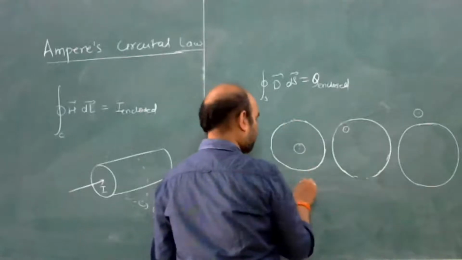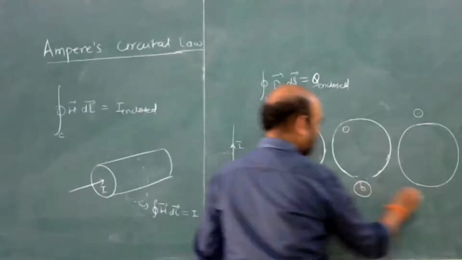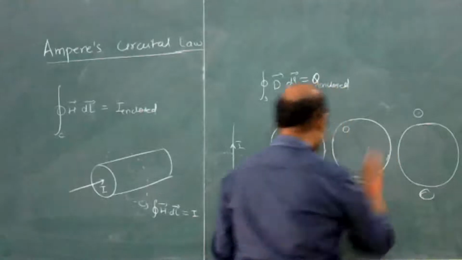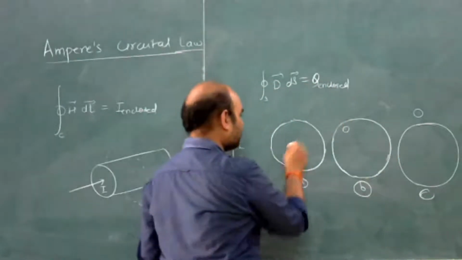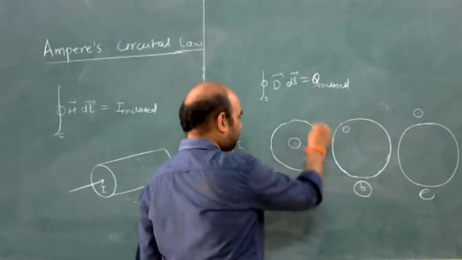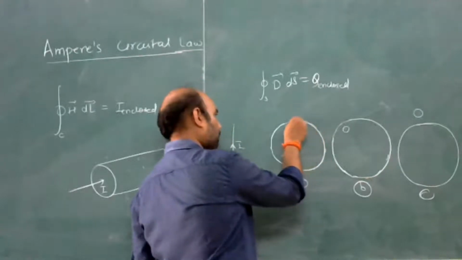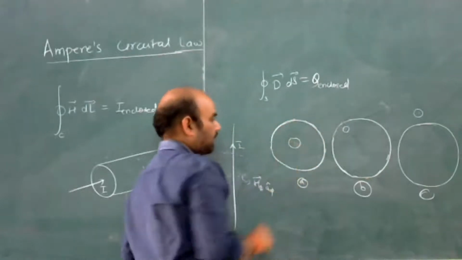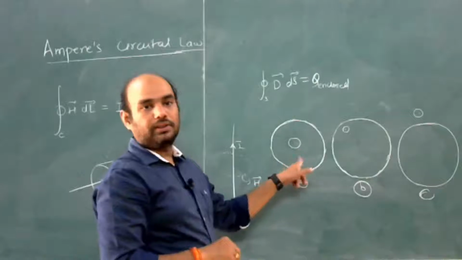This is figure A, this is B, and C. In this case, we have taken the loop for H dot dl, and the conductor is exactly in the middle of this loop.